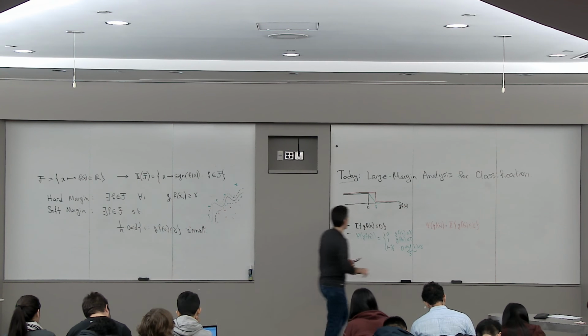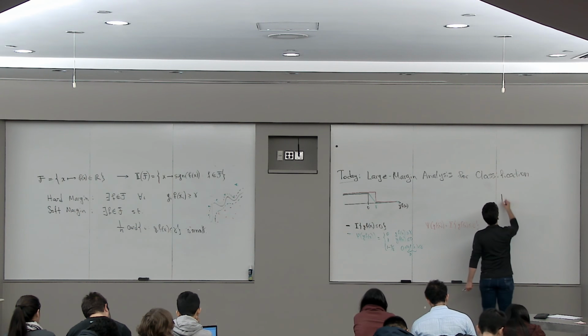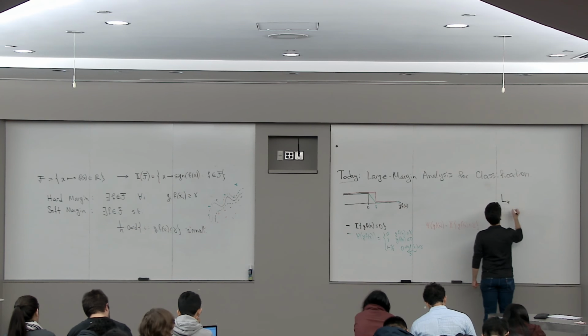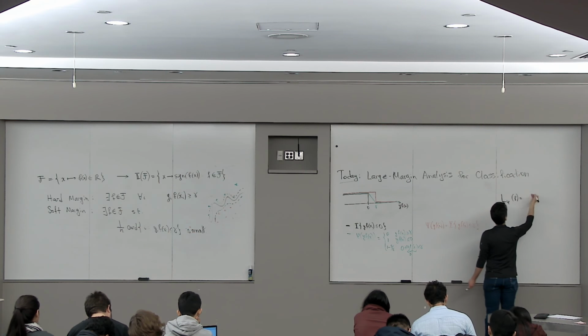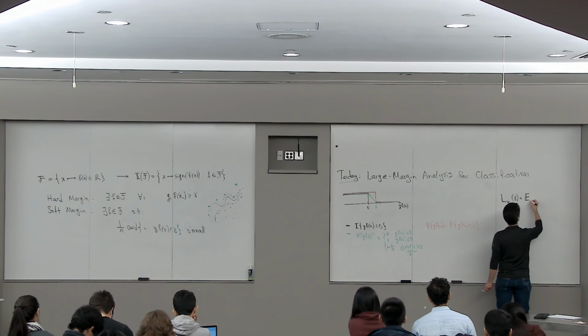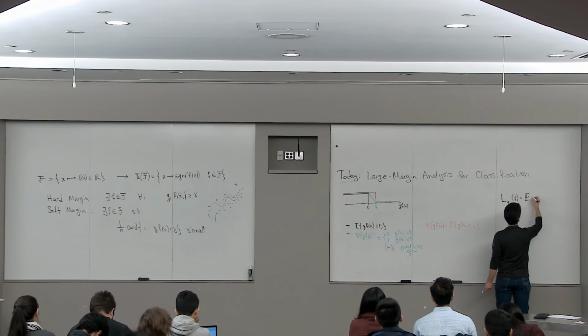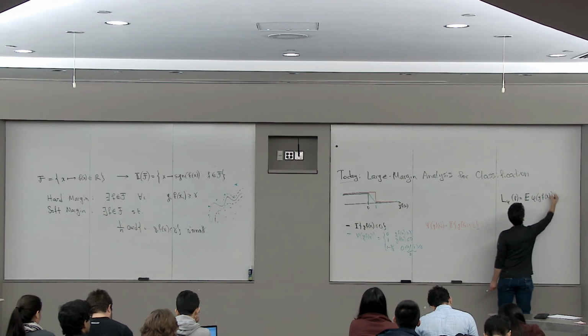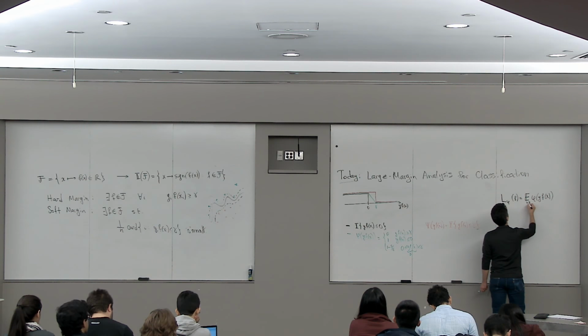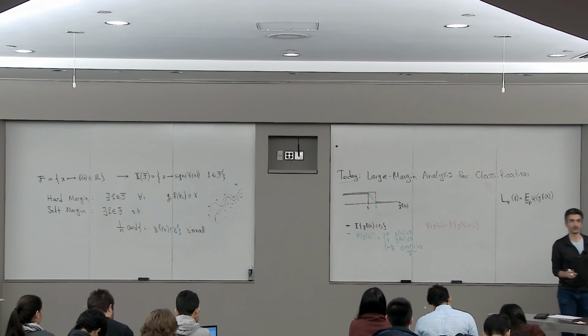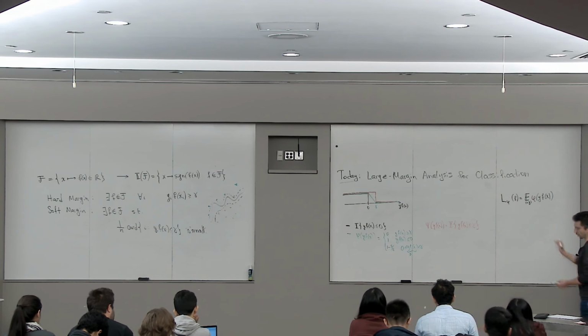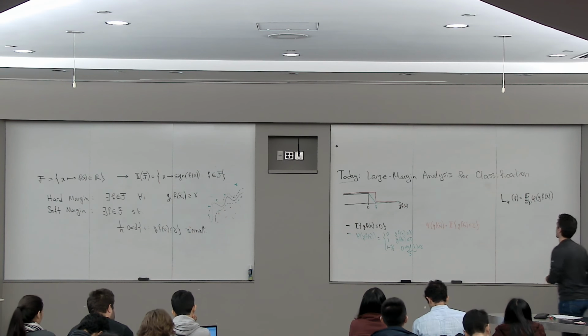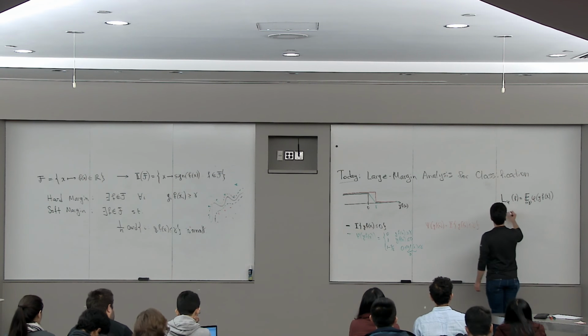Okay, so I can define L phi of f to be, well, as before, the expected phi of y f of x when x and y are drawn from the distribution P, right? I'm going to use black from now on. And same thing with the psi.